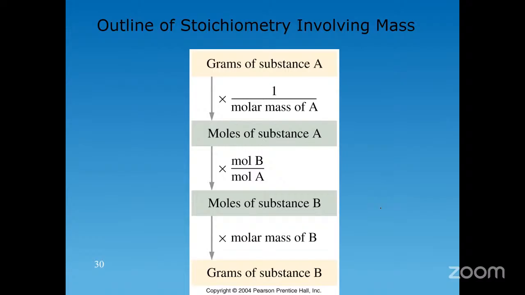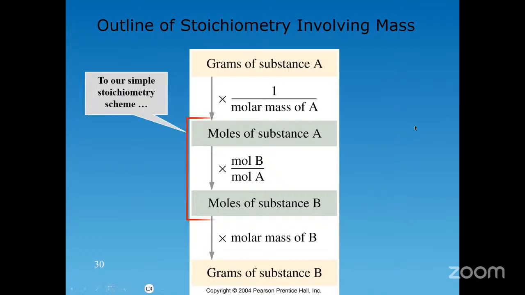For example, the question may give you the balanced equation and the grams of one substance, and then based on the equation, you're supposed to determine the grams of the other substance, right? So you'd start off with the grams of, let's say, substance A, and convert it to moles, right? Of course, you do that by dividing by the molar mass. So that gives you the moles of substance A.